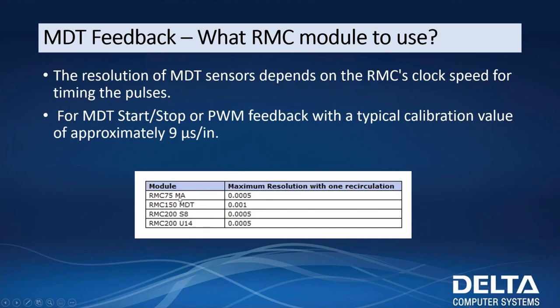You can see the RMC 75, 200, and both 200 modules are pretty much all the same. Maximum resolution with one recirculation is 0.0005, and then the RMC 150 MDT is a little bit less, 0.001. That's with one recirculation.